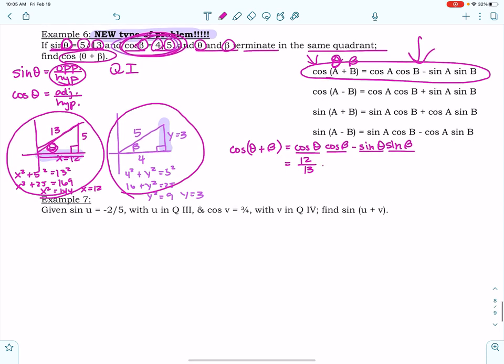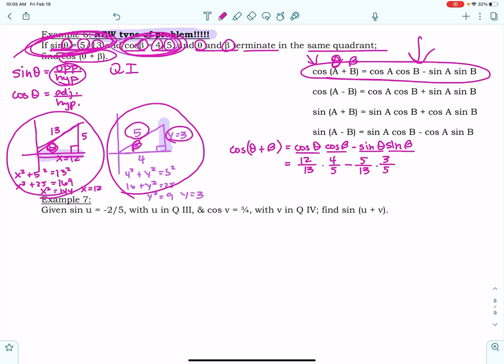It's 4 over 5 minus sine theta. I was also given sine theta at the beginning of the problem. It's 5 over 13. And then sine beta, I'm going to use this right here, opposite over hypotenuse, so that's 3 over 5.